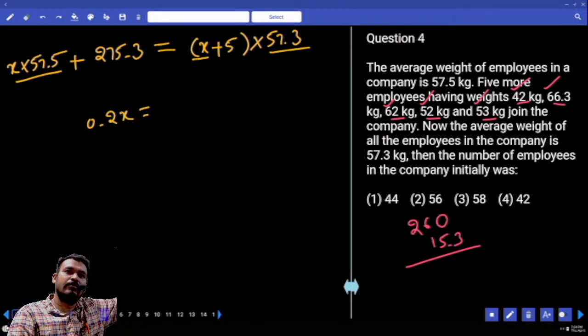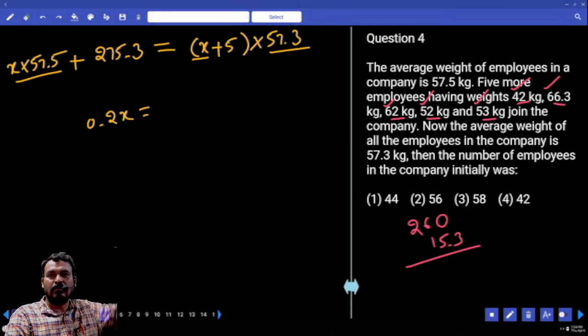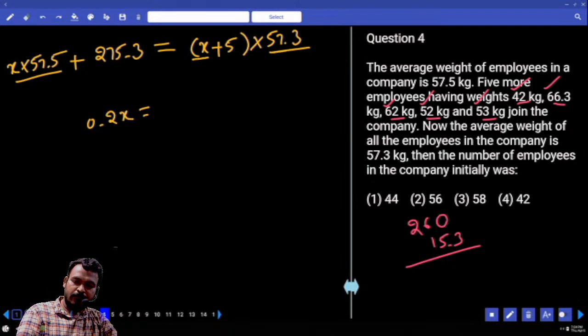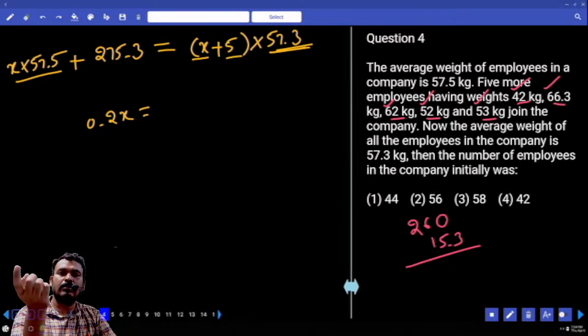Again the sum would have to be divided by 5 to get the average. Okay, 5 into 57.3. What is 10 times 57.3? 573. But we require 5 times, which means half the value. What is half of 573? 286.5.